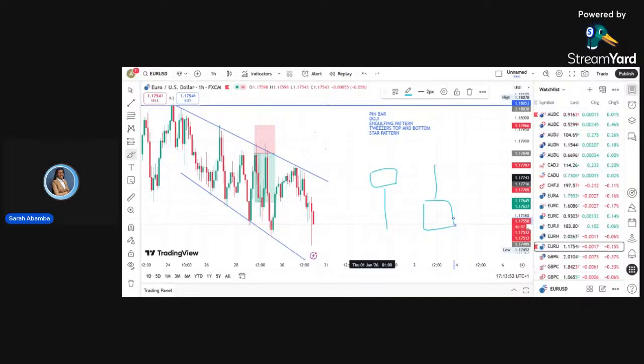So when this bullish pin bar is formed at a support, it's giving you the indication that the market is going to start going up. It's going to be an uptrend, so what you do is place a buy order. Hope this is clear enough.